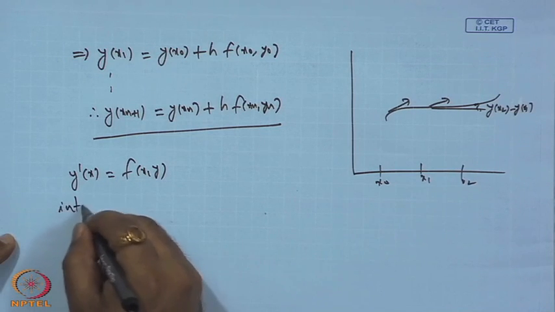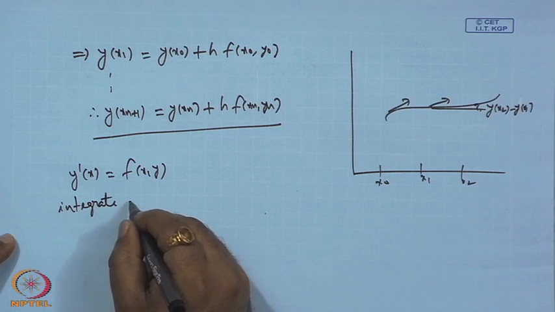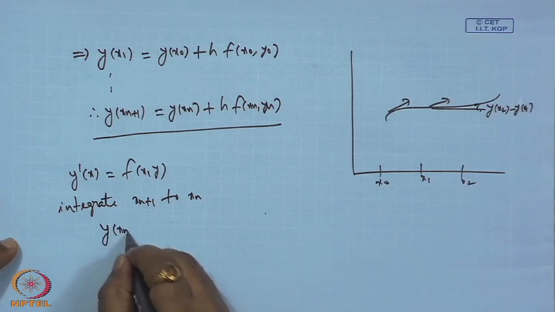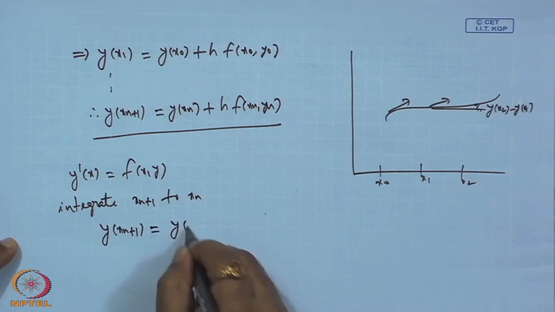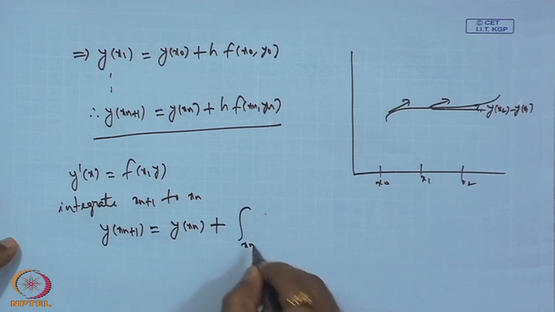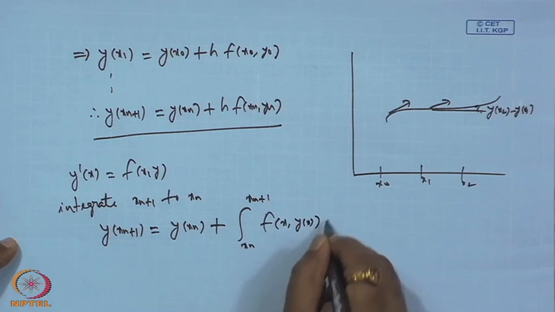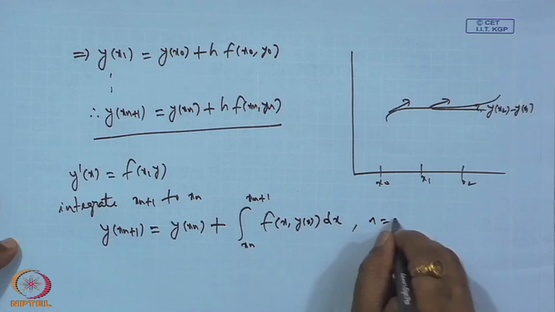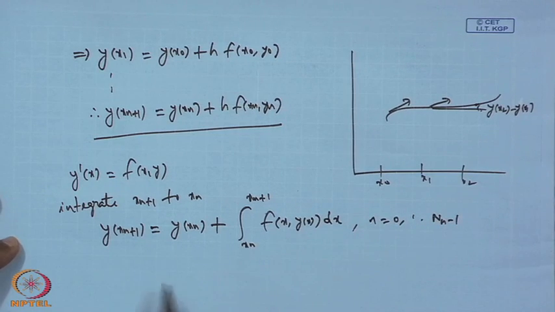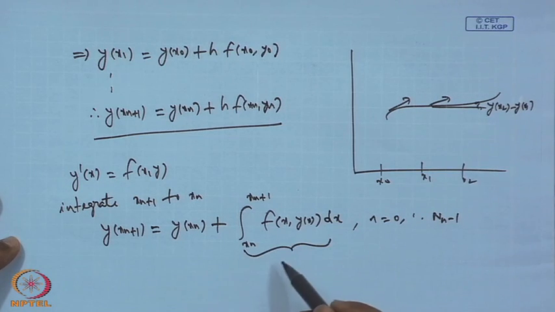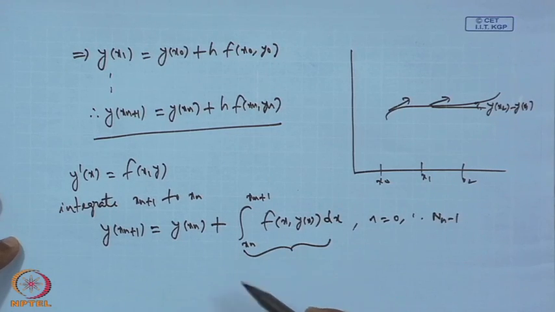So, then if you integrate in this range, we get this. Now we are having approximation of this in different patterns leading to various methods. So, that is what exactly is happening.